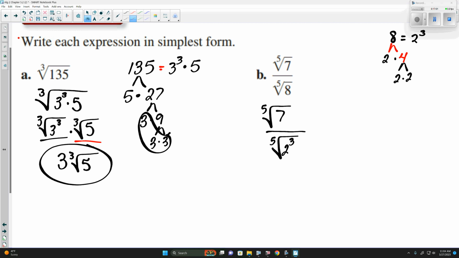So we can't simplify it there. Now, the denominator, all we have is three 2s, yes? How many more 2s do I need to be able to take the fifth root of it? 2, because if we had 2 more, we would have a total of 5. And we can take the fifth root. So what we're going to do is multiply top and bottom by the fifth root of 2 squared.